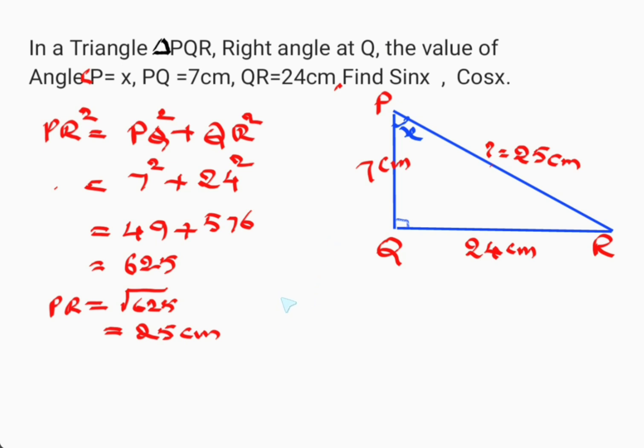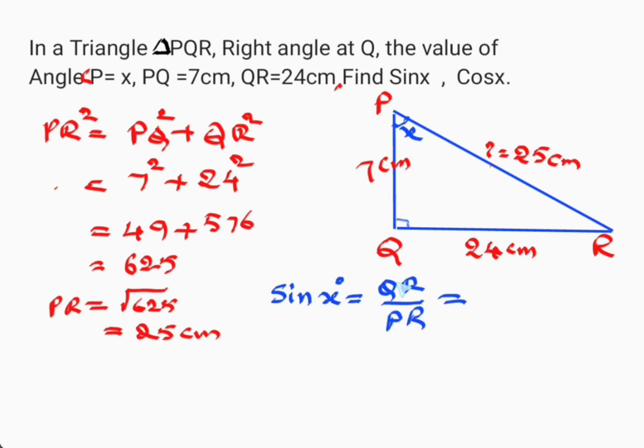We need to find sin X. Sin X degrees is equal to, so what is that? For angle X, the opposite side is QR, and the hypotenuse is PR.